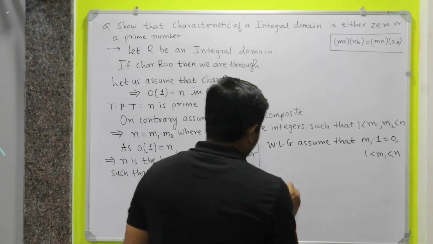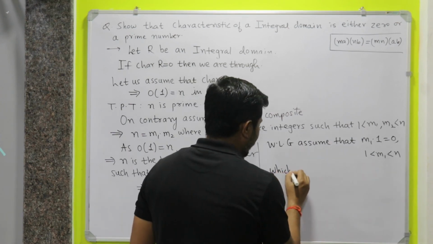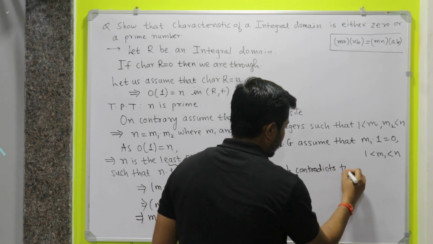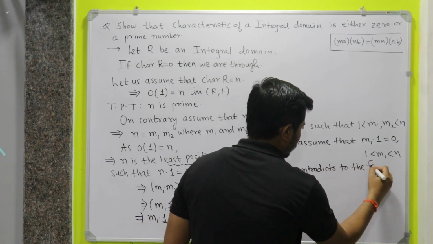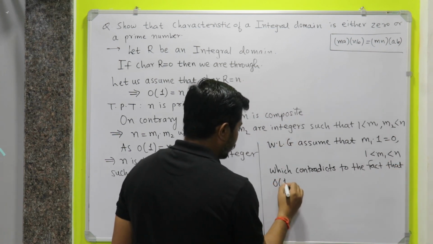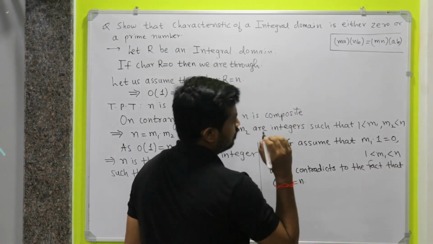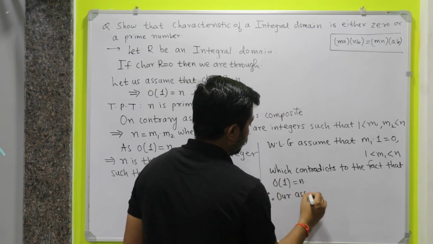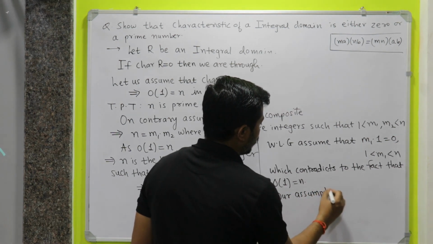So we will say which contradicts the fact that order of this unity is actually equal to n. Therefore, our assumption is wrong. What we have assumed?